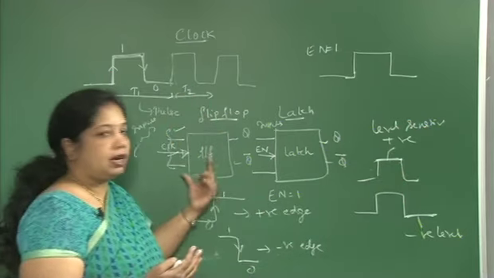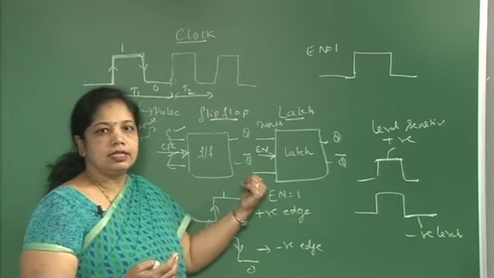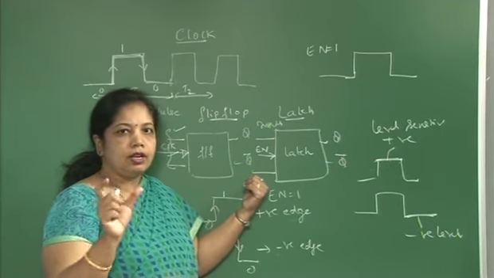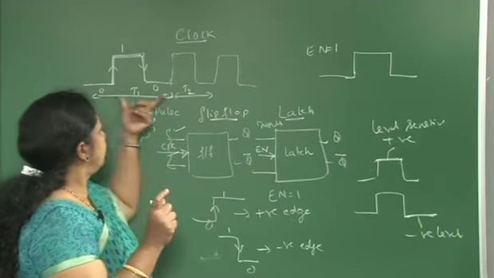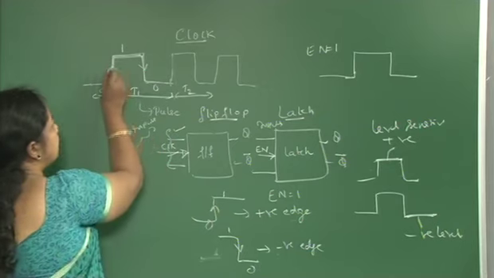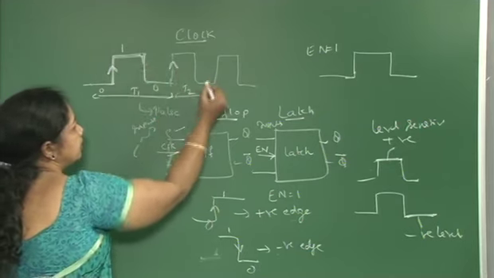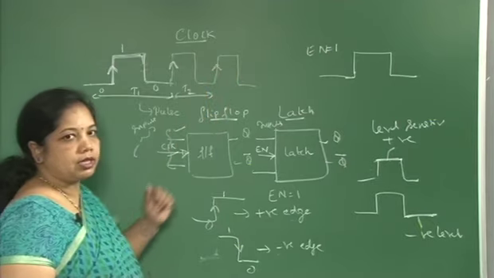So, the flip-flop continuously checks its inputs and changes its output only at the determining clock signal. It will respond to the next clock signal, next positive edge, then this other positive edge.